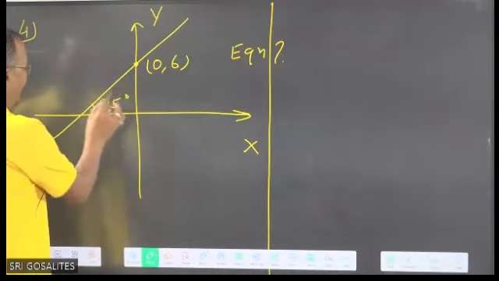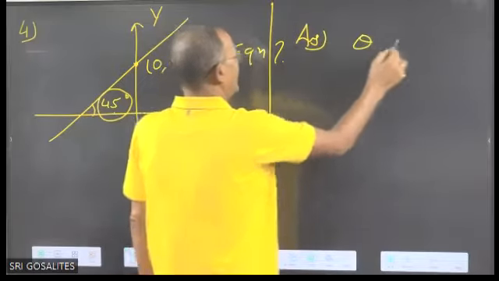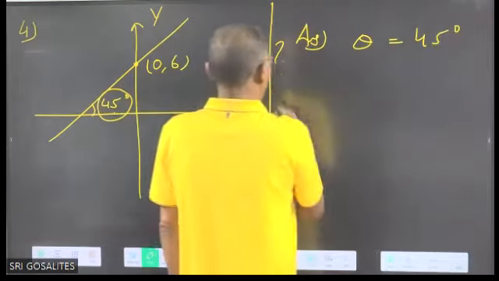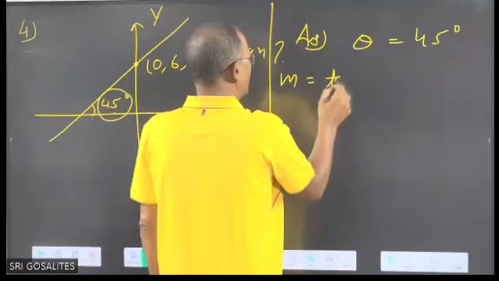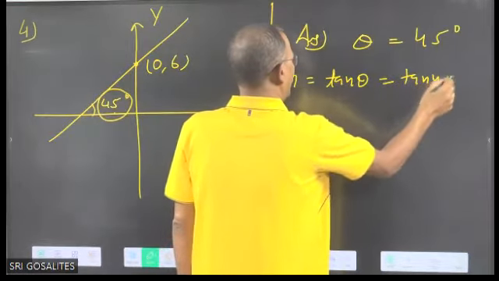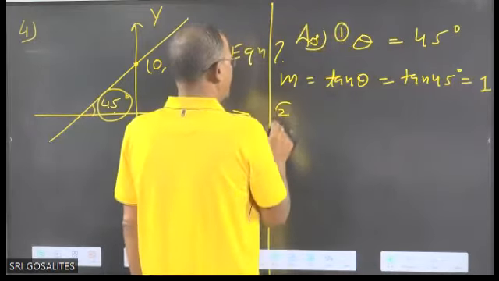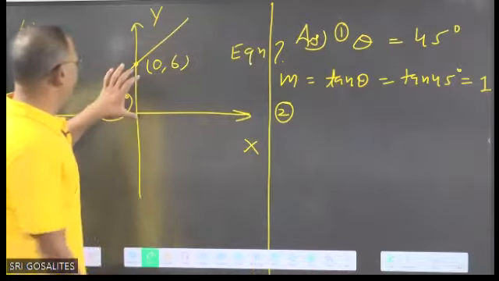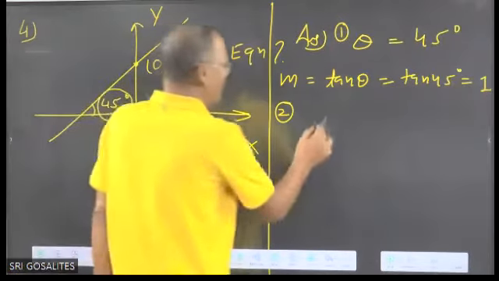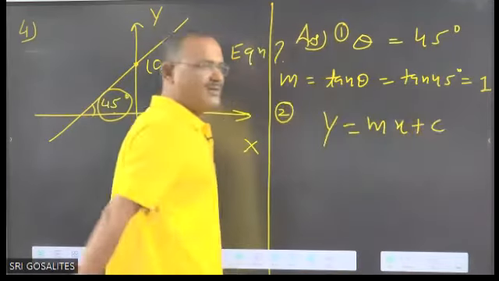So here the angle is 45. Theta is 45 degrees. What is the slope? Tan theta means tan 45. So slope is coming 1, the first step. Second, the line is having a positive intercept on the y-axis. What I told you the equation in such a case: y = mx + c.